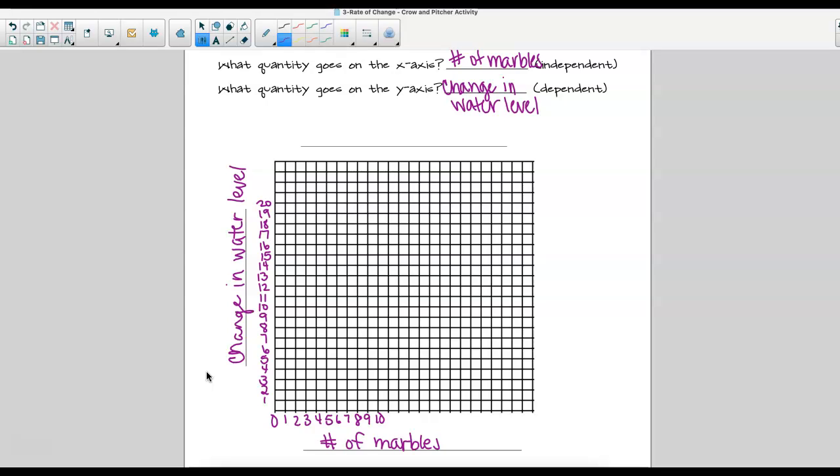Okay, then, once you have the numbering done, you're going to graph your data. Now, your data is different than my data. So you're going to look at your table, and you're going to graph each point. Do not connect the dots yet. Just put the dots on your graph. Everybody should start down here at 0, 0.